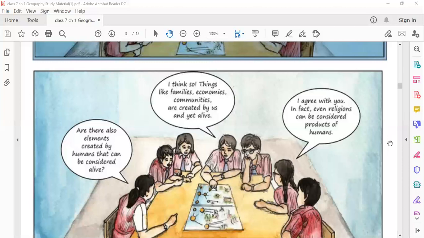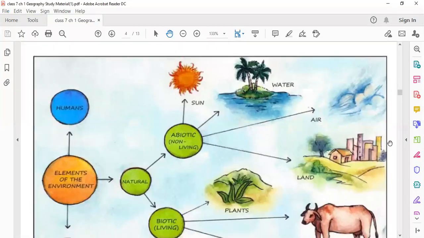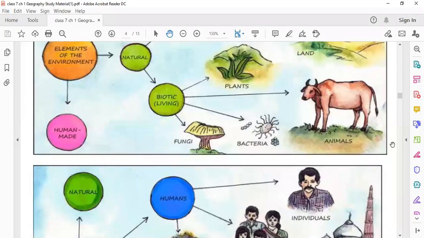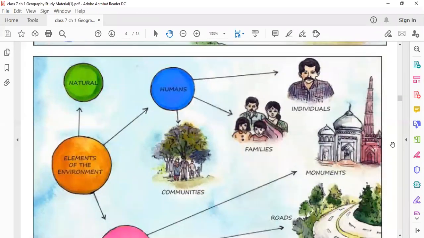Let us have a look. See, the elements of the environment consist of natural components, the humans and human-made. In natural components, there are biotic and abiotic, living things and non-living things. The abiotic components are sun, water, air, land, and the biotic components are plants, animals, bacteria, fungi, and many other things.